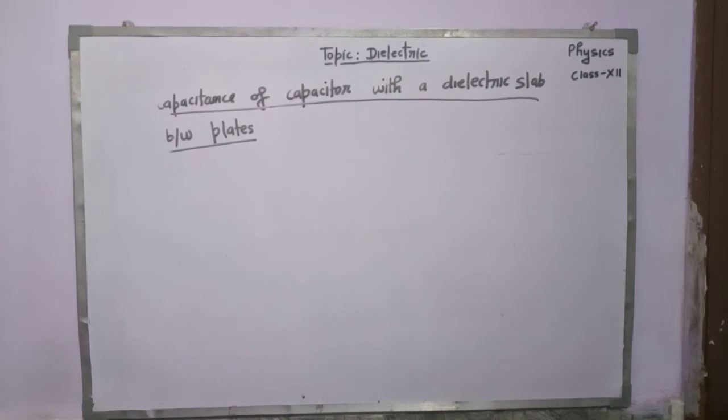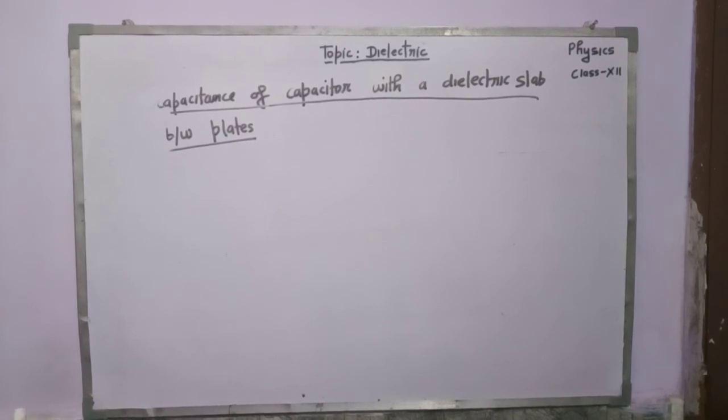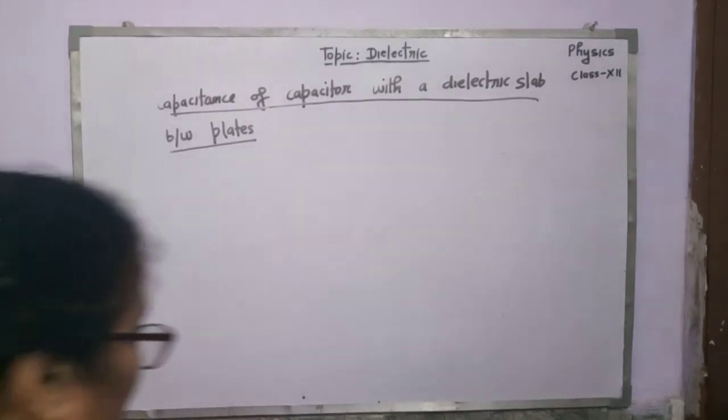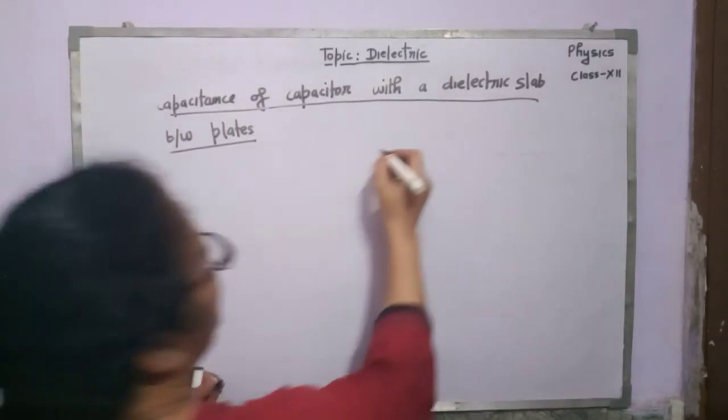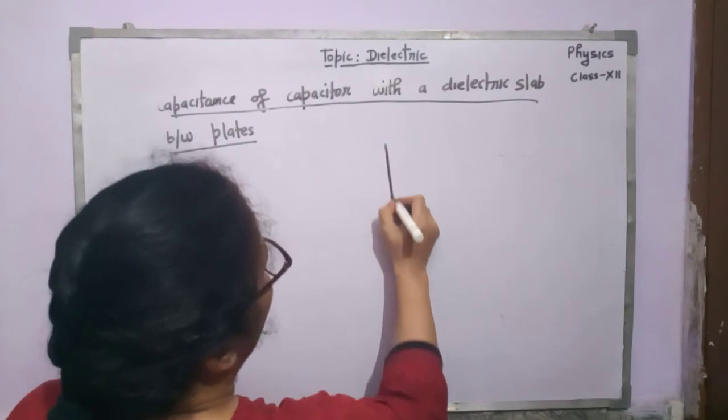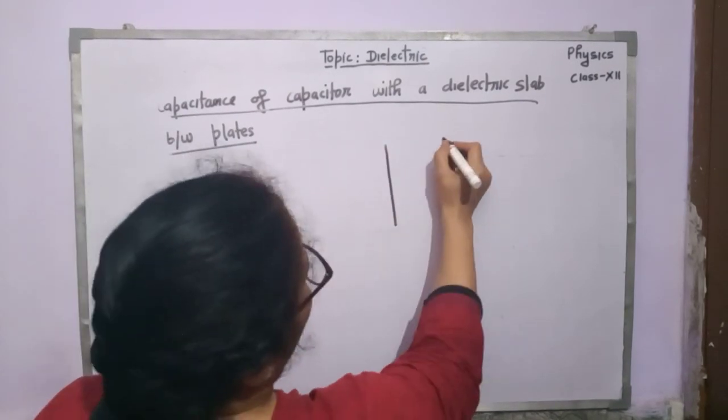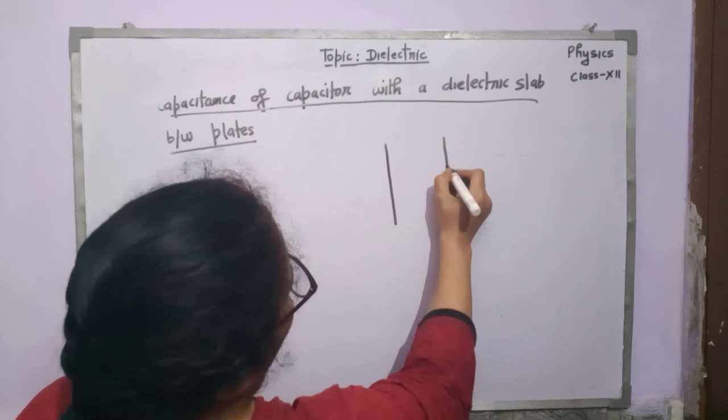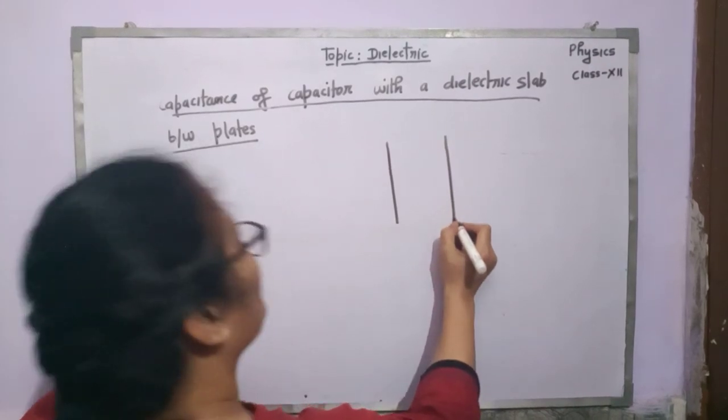Suppose a dielectric slab is placed between the plates. You can understand this very clearly. This is your first plate, and this is your second plate. A parallel plate capacitor is there.